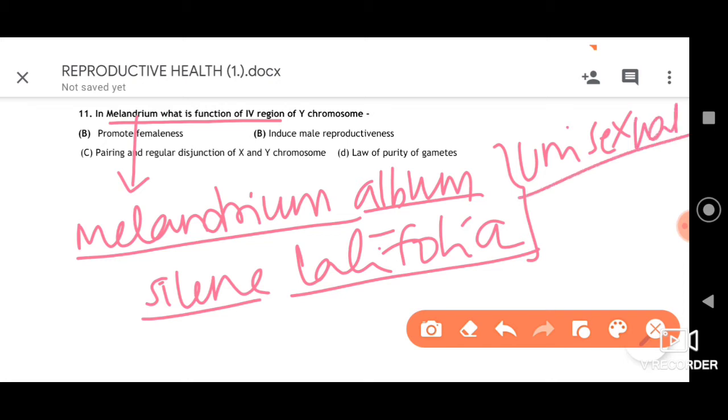It has a diploid set of 24 chromosomes, and of course has X and Y chromosomes, so it shows XX XY type of sex determination.